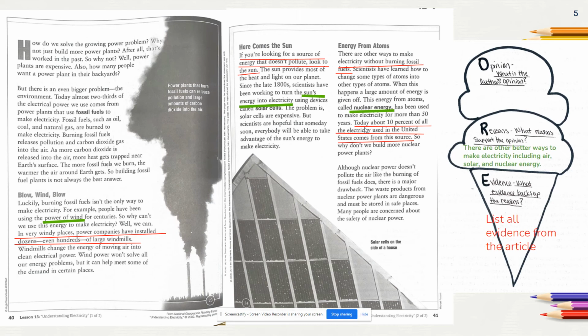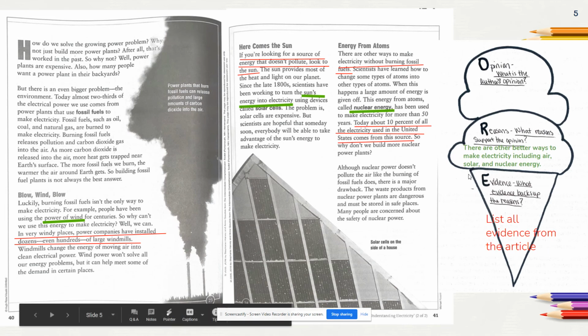And another form of evidence that I found to back up my reasoning was today, about 10% of all electricity used in the United States comes from this source. So nuclear energy is a working form of energy that can be used to create electricity. All of the evidence that I've underlined within the text, I would write inside the cone area, the evidence area of the chart.